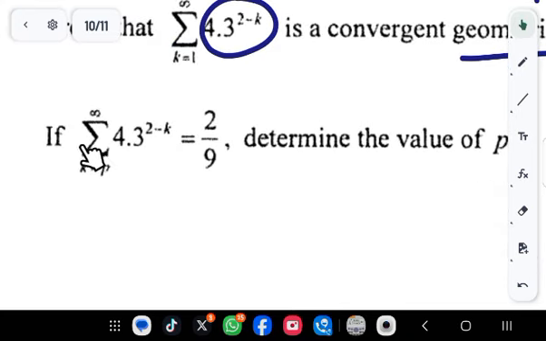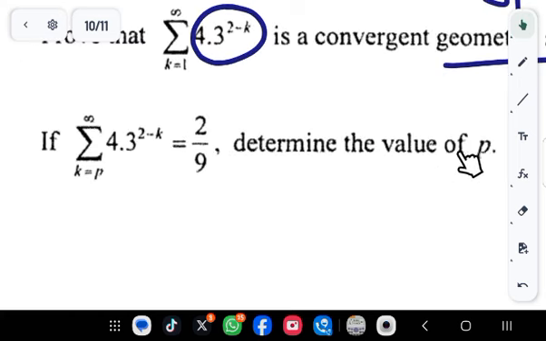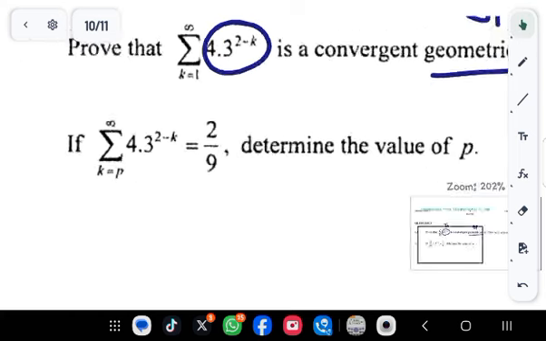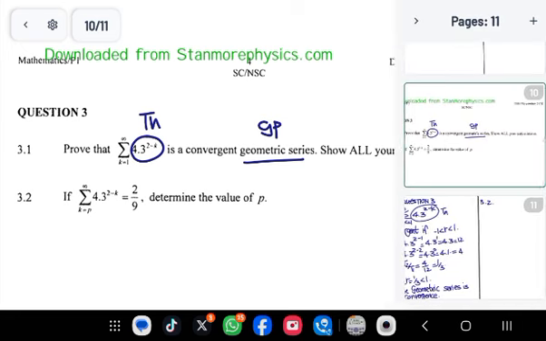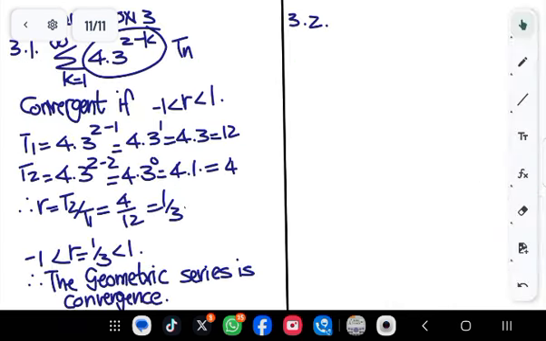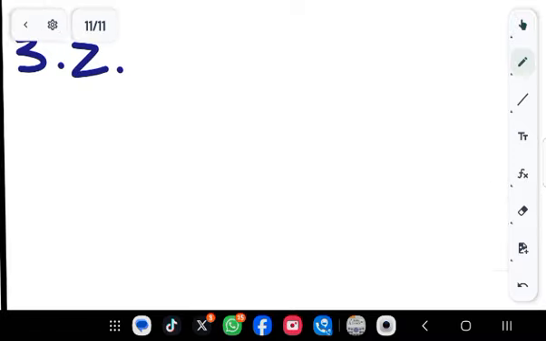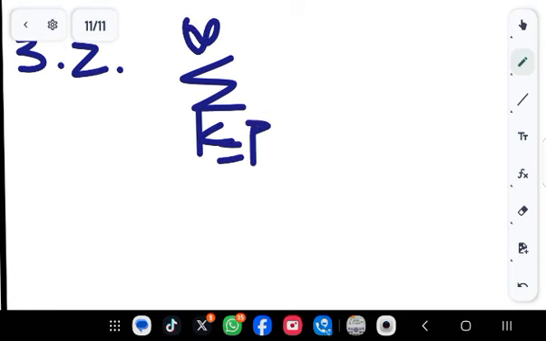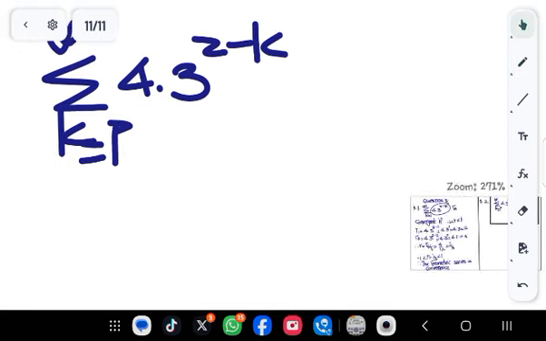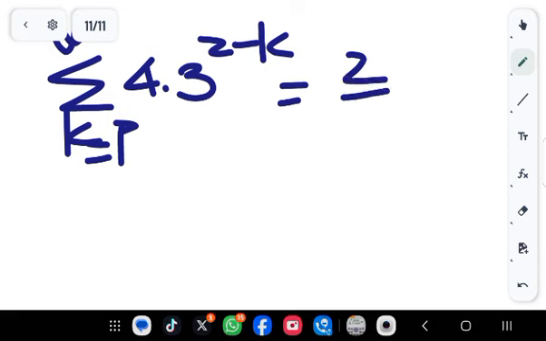If the sum to infinity from k equals p of 4 times 3 to the power of 2 minus k is equal to 2 over 9, determine the value of p. Remember, this is the nth term.